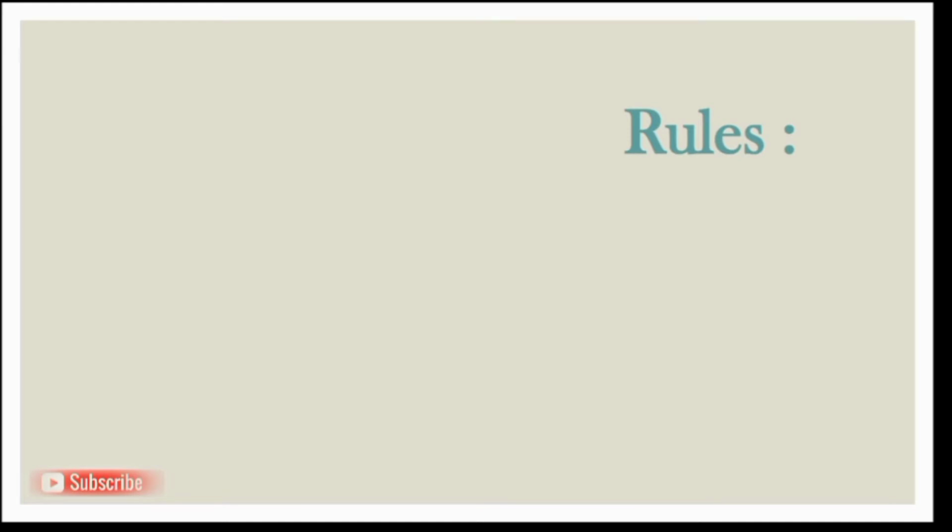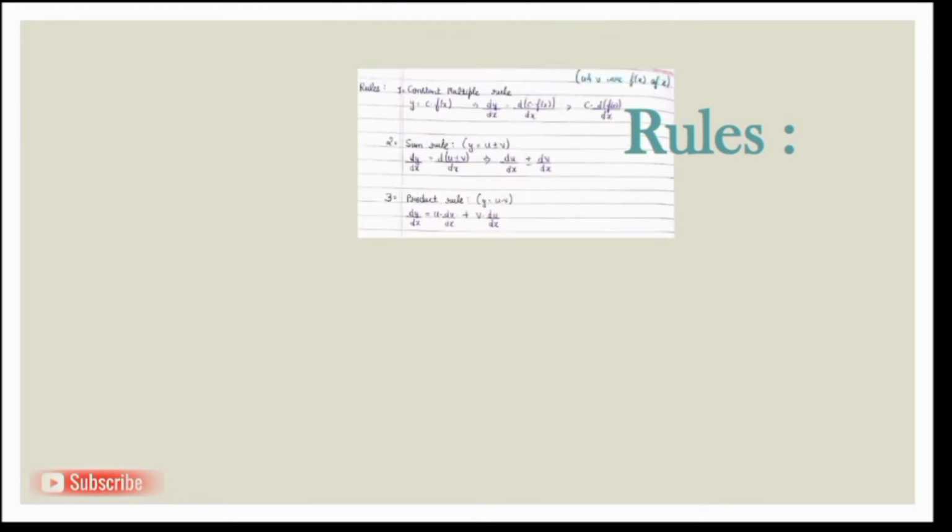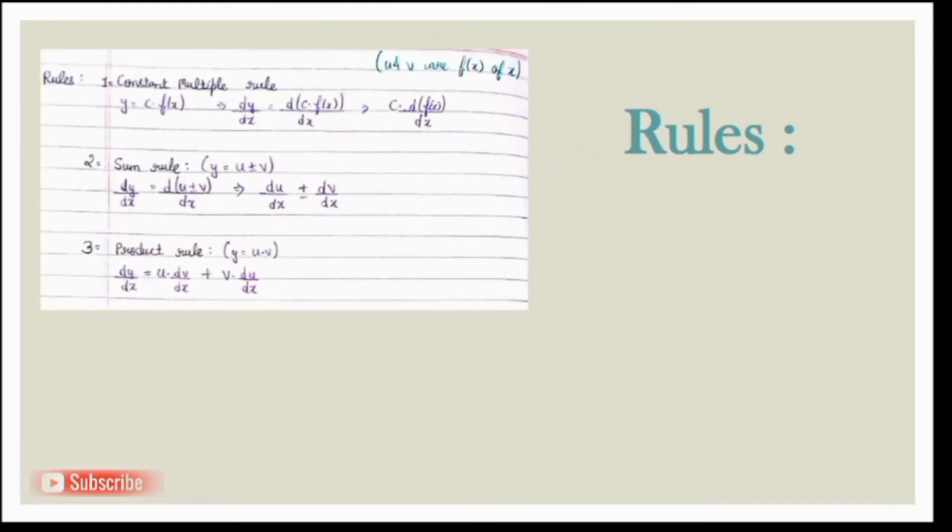Now see the rules. We'll be covering 6 important rules. First is the constant multiple rule. If we multiply any constant with a function and we have to take the derivative of that function, the constant c will come out of the differentiation operator and will evaluate into c times the differentiation of f(x).